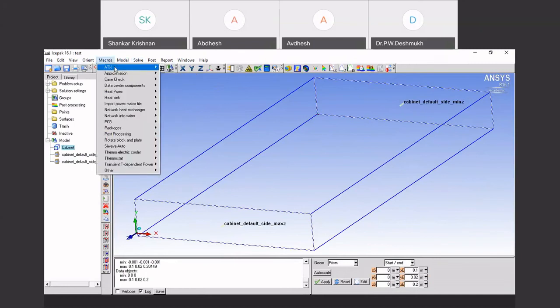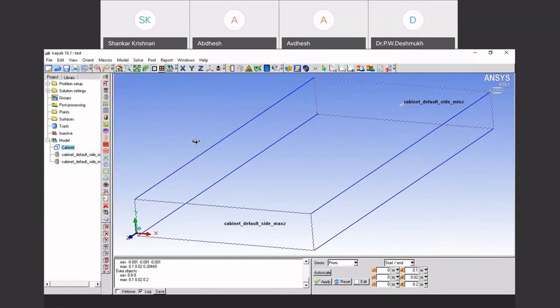There are macros already set up, like thermoelectric cooler, and heat pipes, for example. Data center components: CRAC is the computer room air conditioning, PDU is power distribution unit, rack, tile, and all. So many cases are there. This is essentially created for electronics cooling in particular.